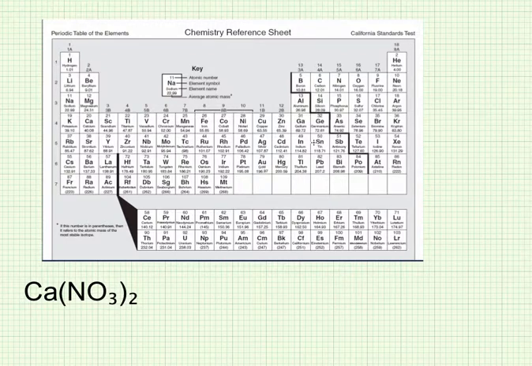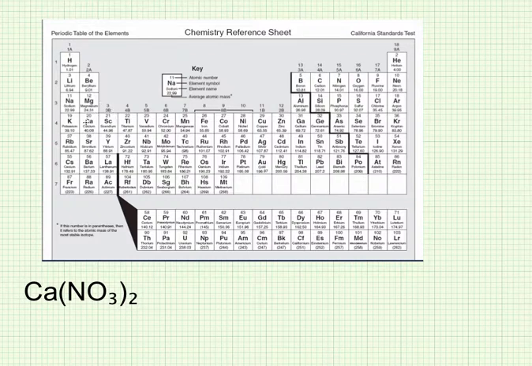Now let's take a look at our third and final example, and this time we have calcium nitrate. And calcium nitrate is the most complex of these problems because in addition to having subscripts, we also have parentheses. So let's go ahead and start out with calcium since it's the first element that we encounter. And I simply have 1 calcium. There's no subscript next to it.